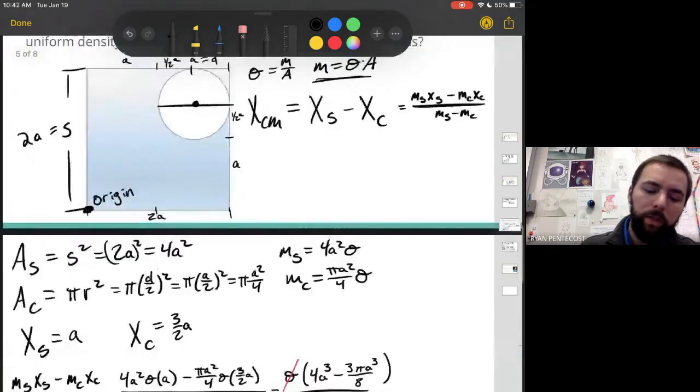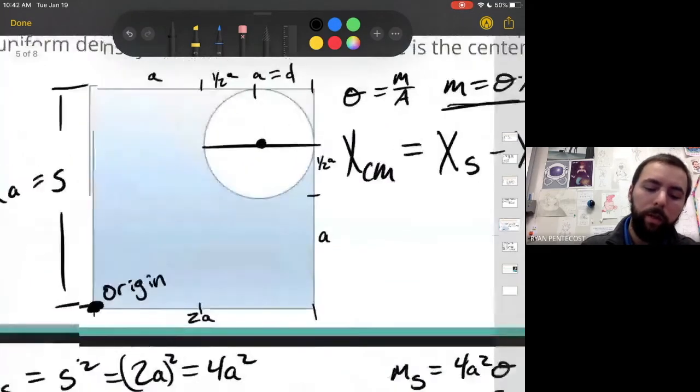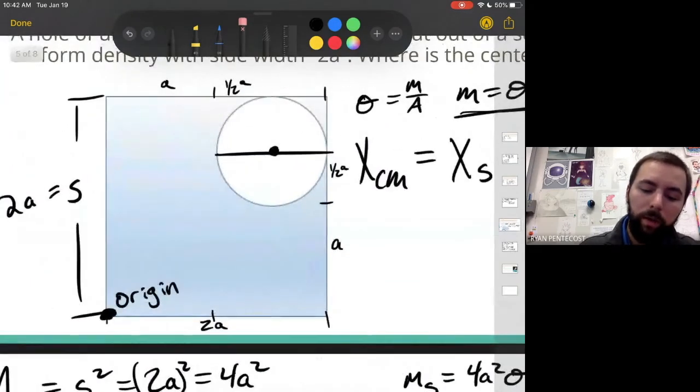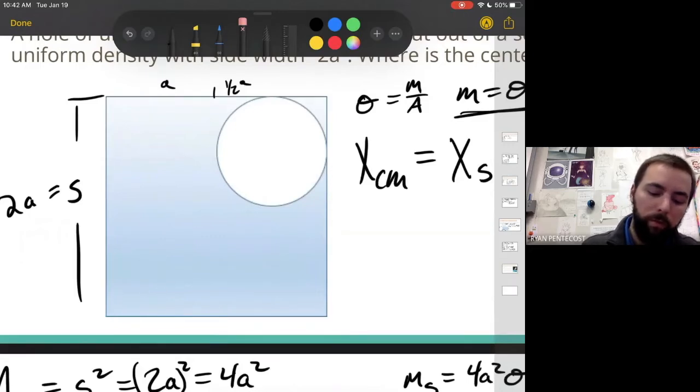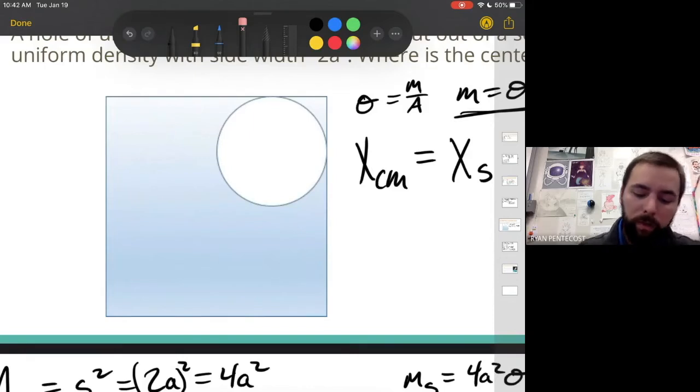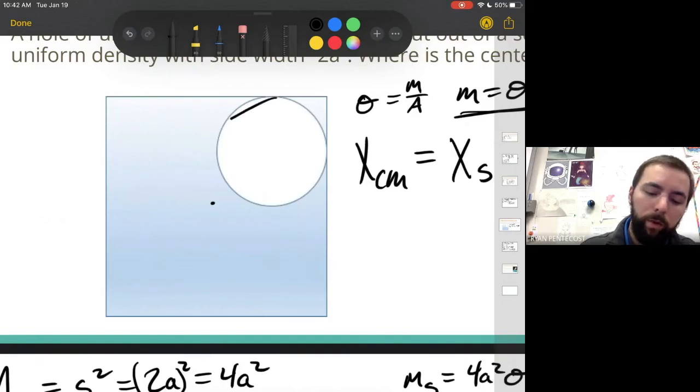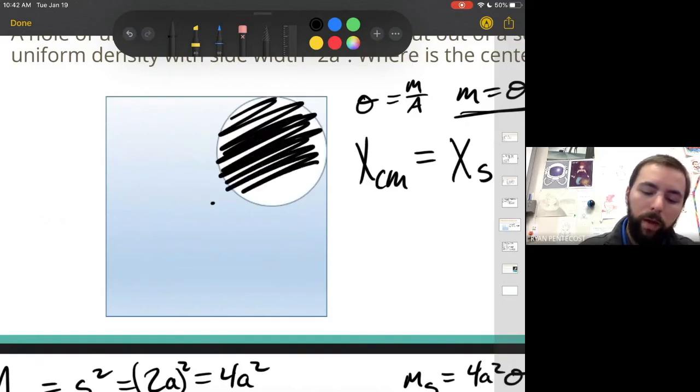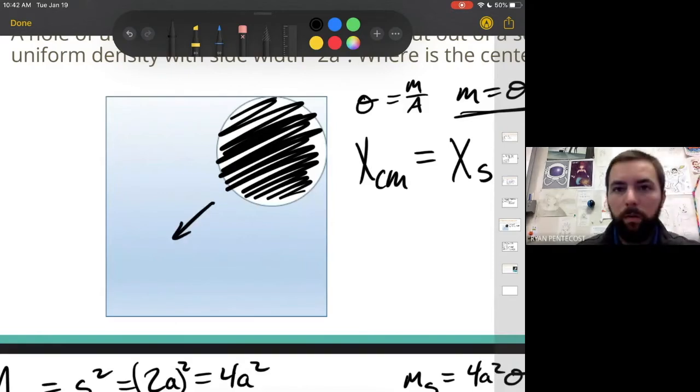Which also makes sense. I'll clean this image up again so I can demonstrate. If you look at where the center of mass should be without the circle, without the bite being taken out of it, you would expect the center of mass to be right in the center, okay? However, if you take this part out, now there's going to be more mass in this direction, right?